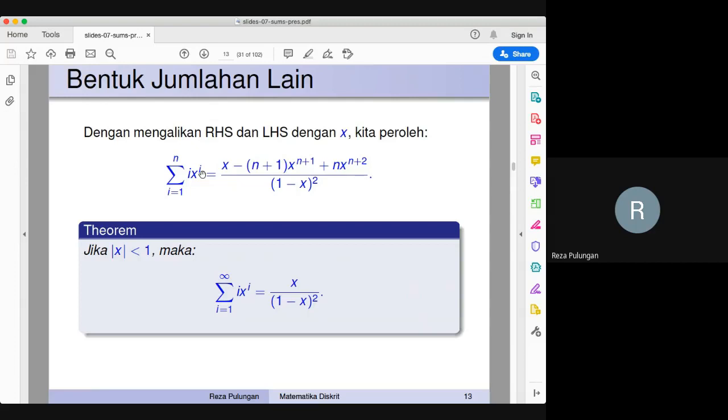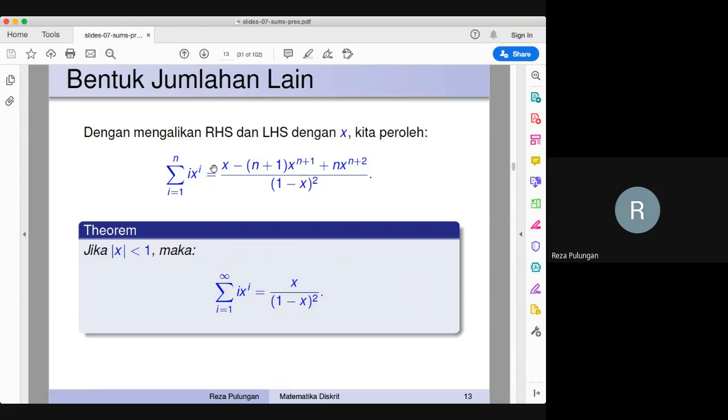Now, this is something to the power of the index. We will see later on. What about the index to the power of something? Then this is completely different. If the index is to the power of something, then this is called a polynomial. We will see about polynomials later on.